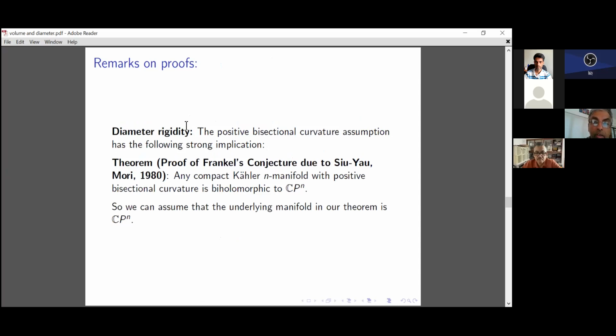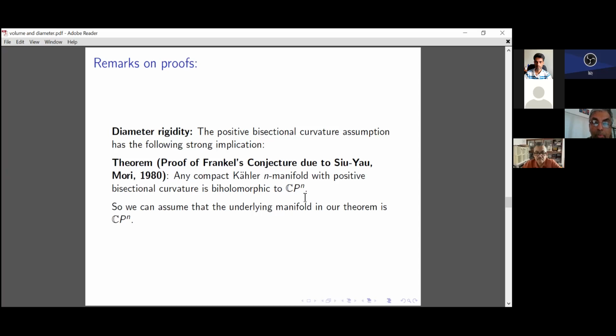To begin with, the positive bisectional curvature assumption already says something, without any assumptions about diameter or volume, already has a very strong implication, which was known way back in 1980. Frankel had conjectured in the 60s that any compact Kähler manifold with positive bisectional curvature is biholomorphic to CPN.